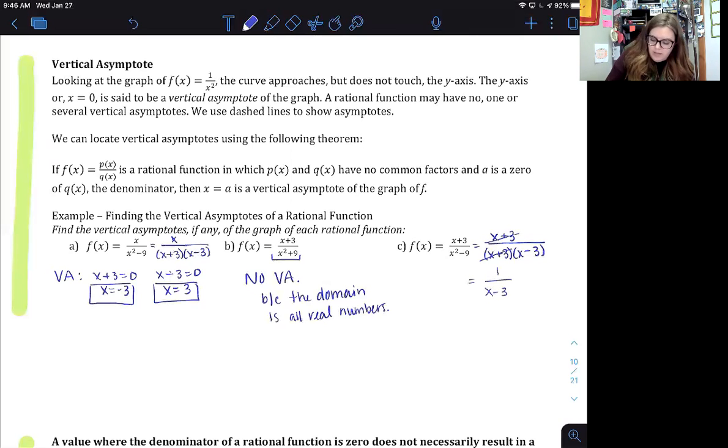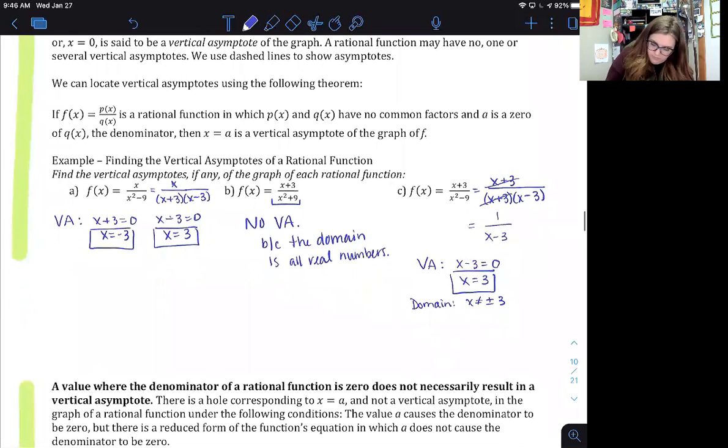So for our vertical asymptote, we take that denominator, x minus 3, and set it equal to 0. That tells us that x equals 3. But we know from the domain that x cannot equal plus or minus 3. So we need to figure out what happens when x equals -3.